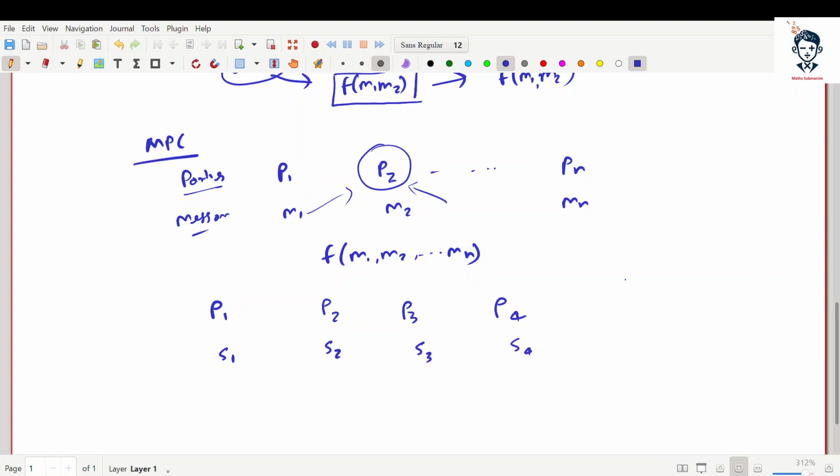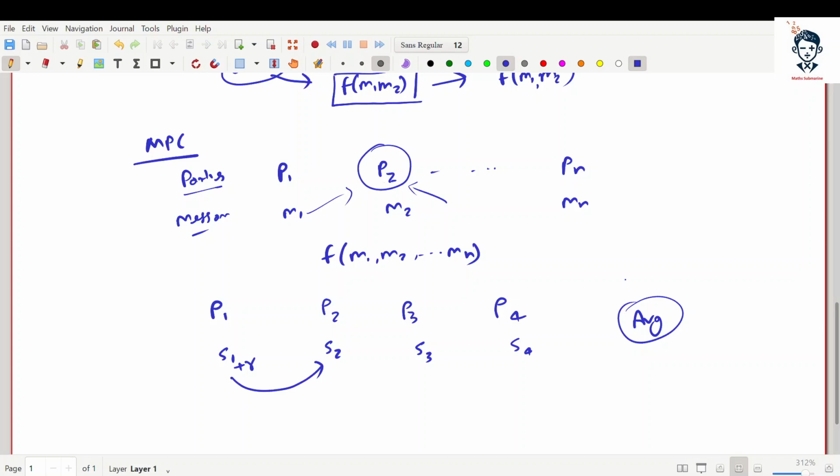What I want to compute is the average of the salaries. But I don't want to reveal my S1, S2, everything should be secret. So one simple solution for this is: this is my salary, I'll add some random number, say R, and I'll send it to this guy.